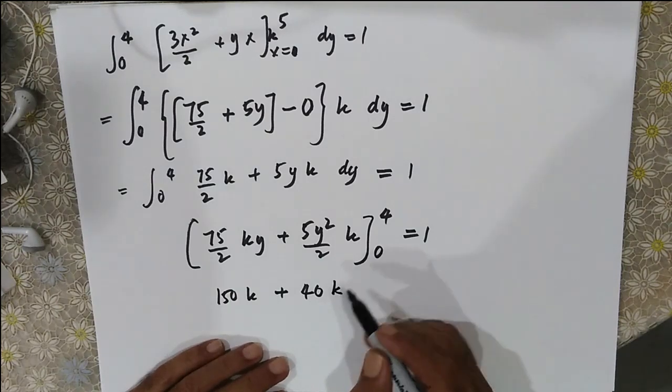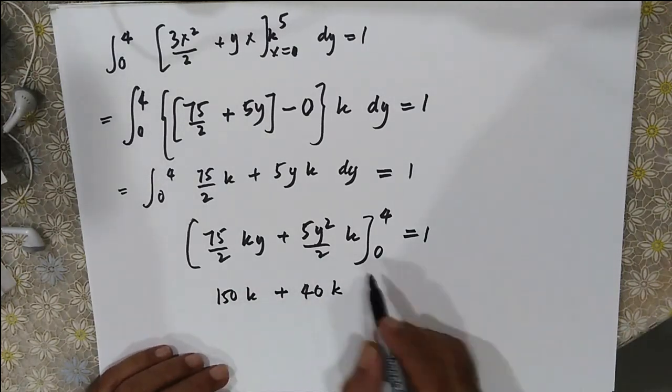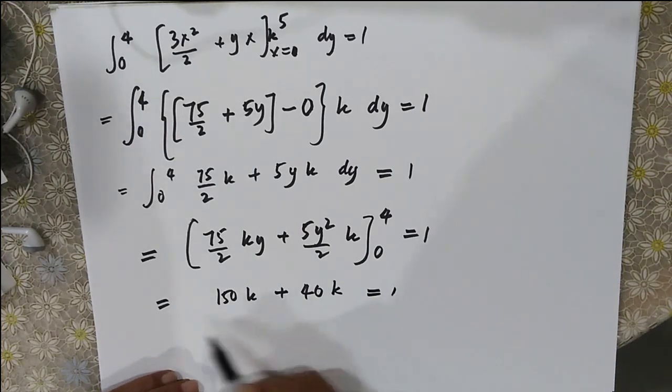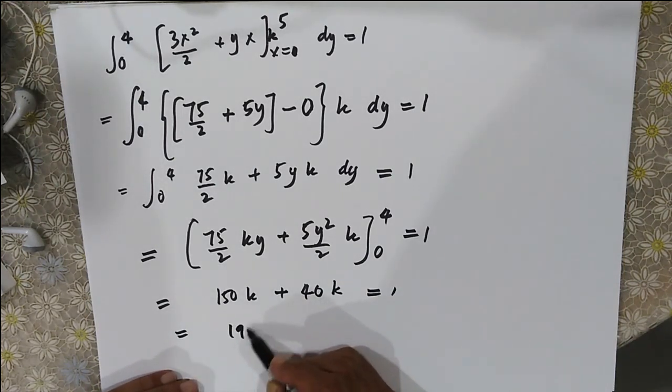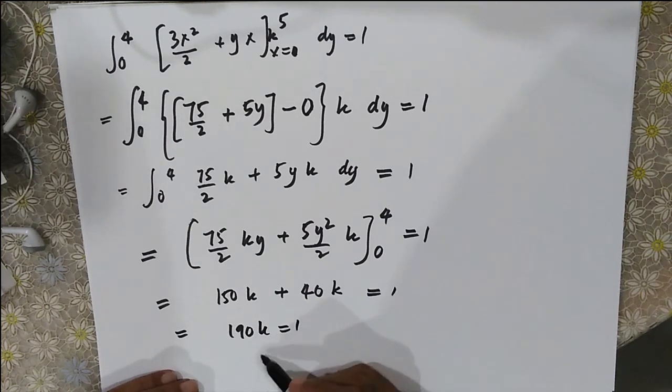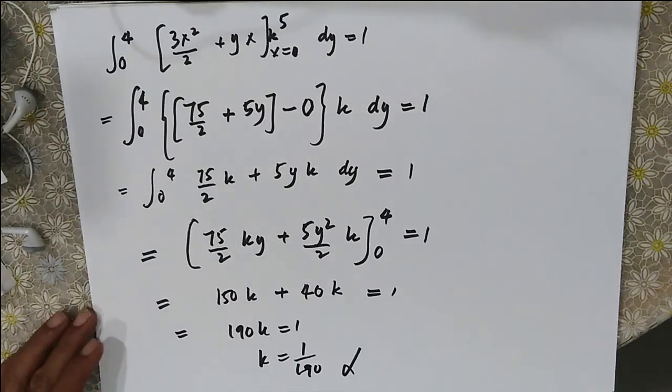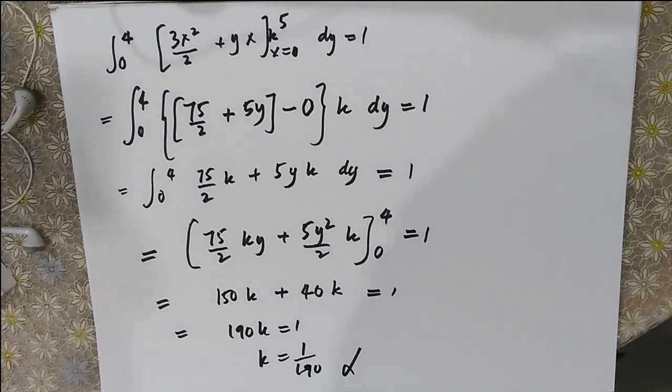So 40k, this is equal to 1. So in other words, 190k is equal to 1, and k is equal to 1 over 190. This is how you solve for k. Okay. Now from here, I want to find the value of the marginal of x.